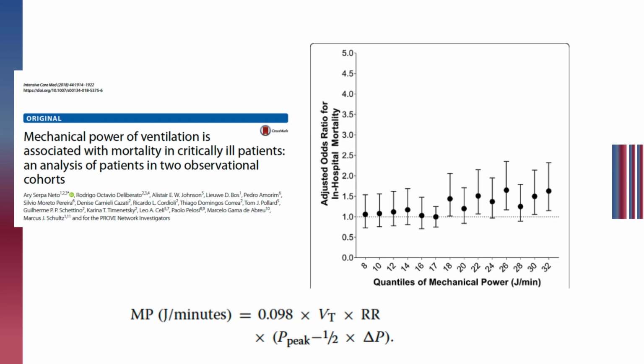And we know that when we ventilate patients with injurious settings that are not lung protective, we see worse outcomes and possibly increased mortality. So ventilator-induced lung injury is a real risk, and a real complication of poor ventilatory settings.